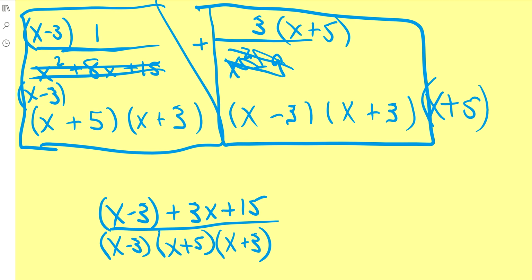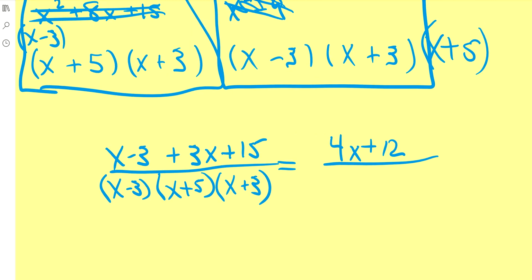I did not have to do this because what we're going to end up doing is combining our like terms in the numerator. All right, when I do that, I'm going to have x plus 3x, which is 4x, and then negative 3 plus 15 is positive 12. And that's all going to be over x minus 3, x plus 5, times x plus 3.